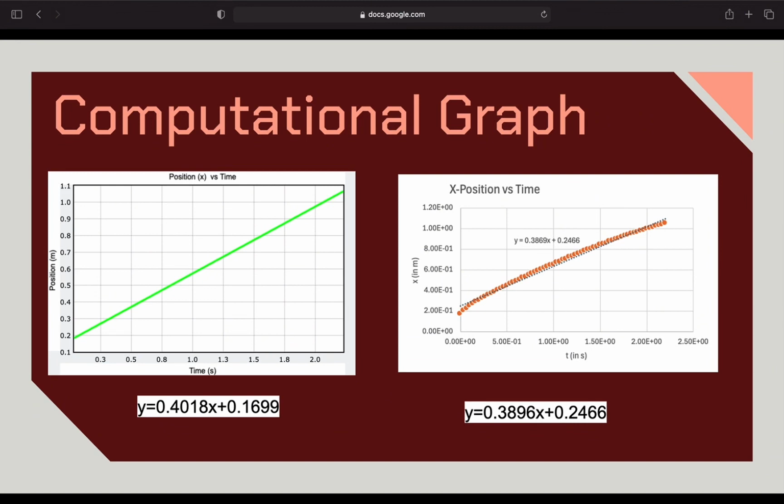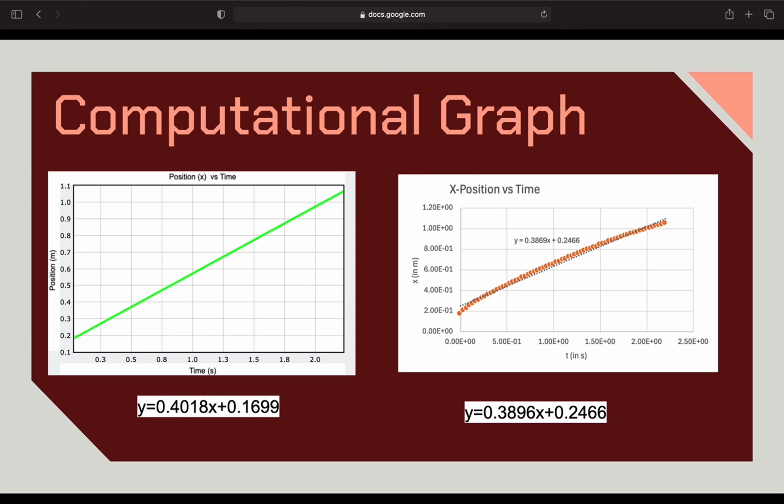In our observed graph, we have 0.3896x plus 0.2466. So we can see here that there is a slight deviance between the computational and the observed graph, but it is similar enough to say that there is only a small statistical error.